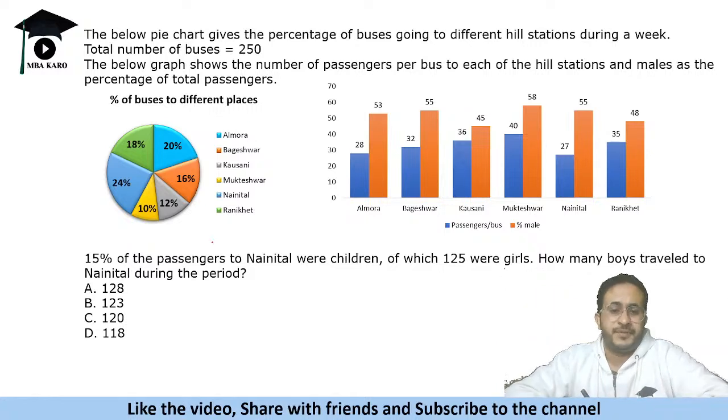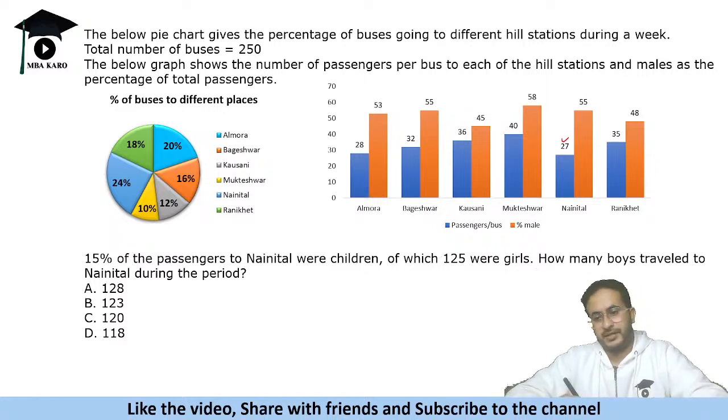Okay, 15% passengers to Nainital were children, of which 125 were girls. How many boys traveled to Nainital during the period? So you do not have to find this male and female. You have to use this number and 15%, और उससे 125 आपको subtract करना है.